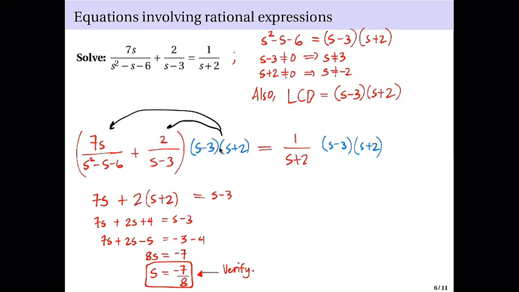If we distribute this to this addend, s minus 3 will cancel, and we will be left with s plus 2. So 2 times s plus 2. Is that okay? So this one here is your s squared minus s minus 6. That's why this will cancel this part here. All right.